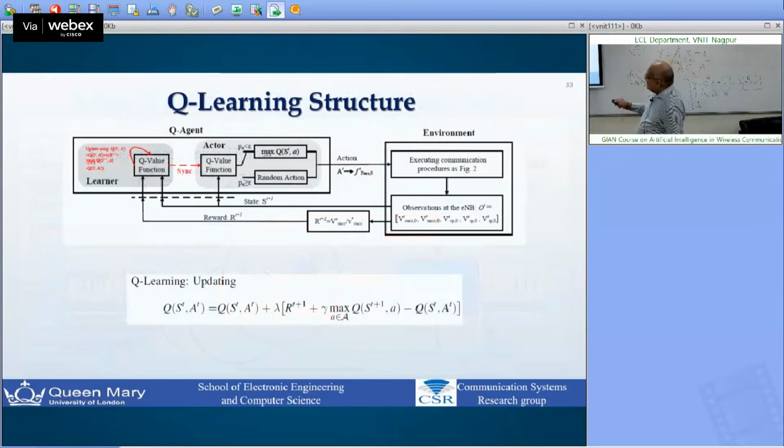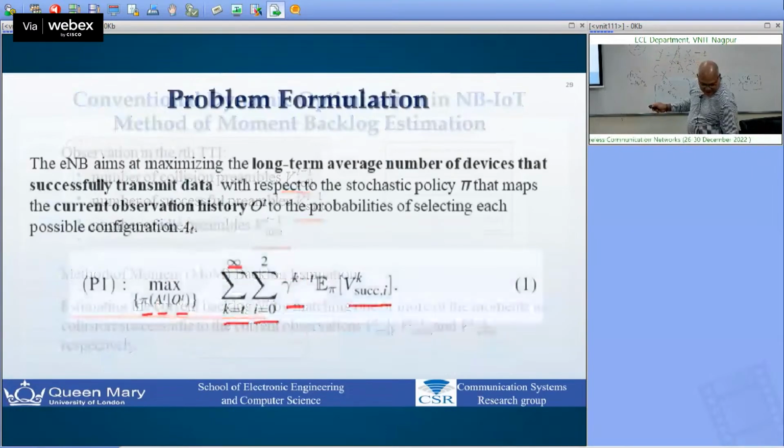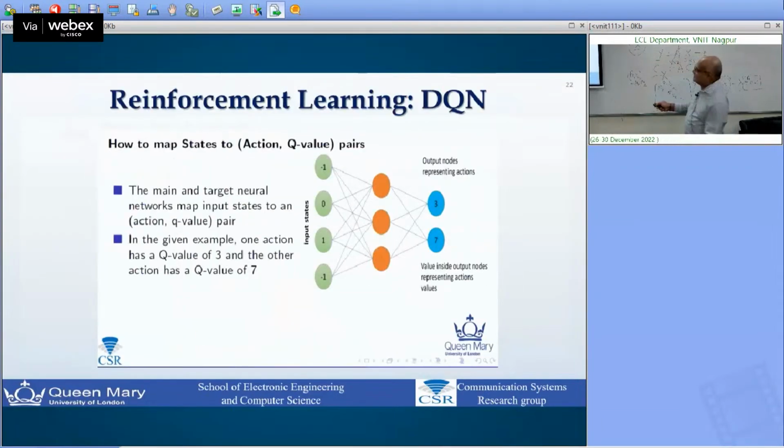So to select this one, we use a separate neural network here, like this. For the current state and all possible actions, say if you have 8 actions, that neural network gives 8 Q values. So the output is going to be action Q value pairs.